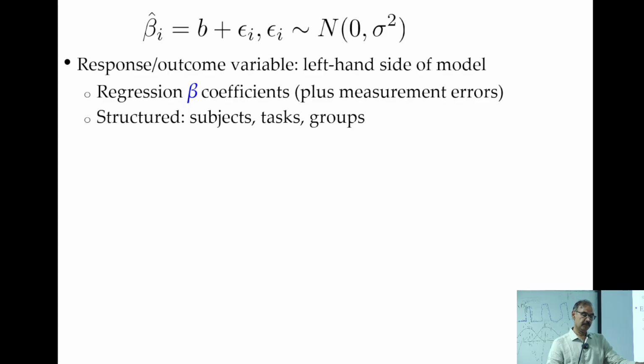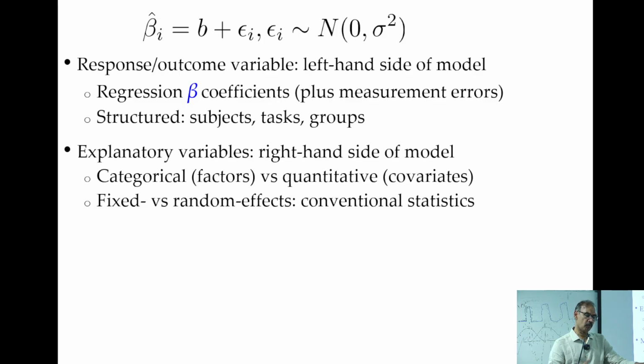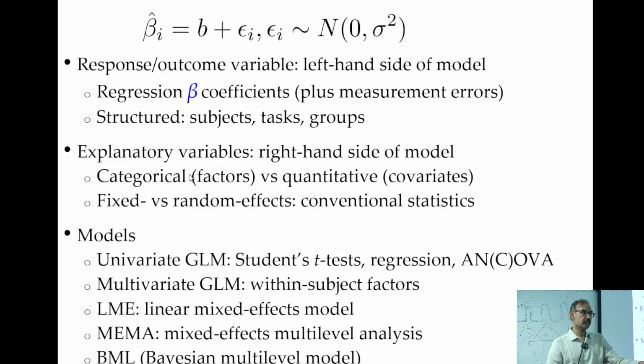The left side is the beta coefficient, the right side is the categorical factors versus quantitative covariates, and this is where, based on how we collected the data, we can use fixed versus random effects.